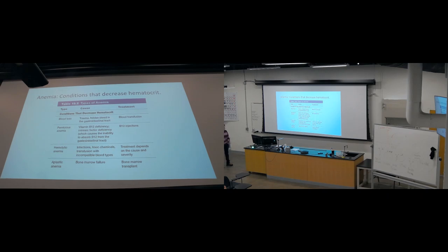So what I told you before, someone may have a hemorrhage, blood loss. That can be due to an injury, a major physical injury, or it can be as simple as bleeding from the gastrointestinal tract. Let's say someone has an ulcer. The person can have microbleeding if it's not a big ulcer, and the person will have pallor. So that's an example.